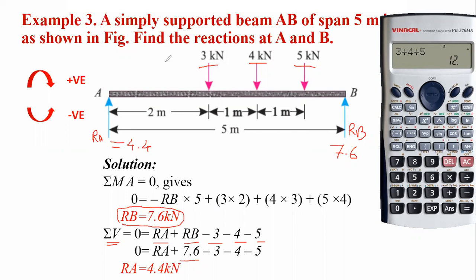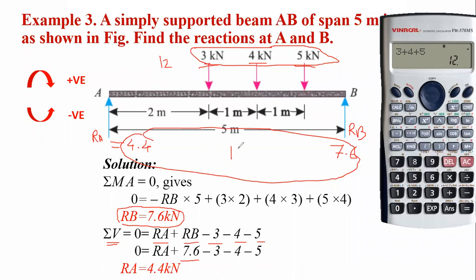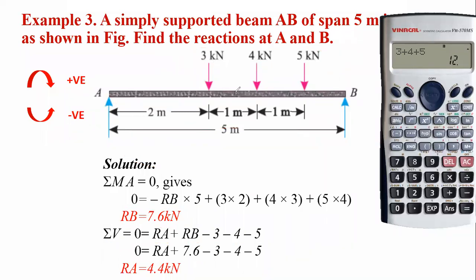Total action is 12, and total reaction is again 12. Only due to the load which is located unsymmetrically, the reaction developing is not symmetrical. But if the loading is symmetrical, then the reaction is also symmetrical.